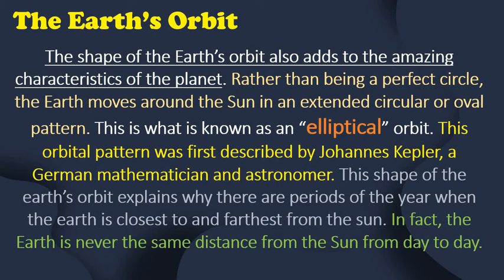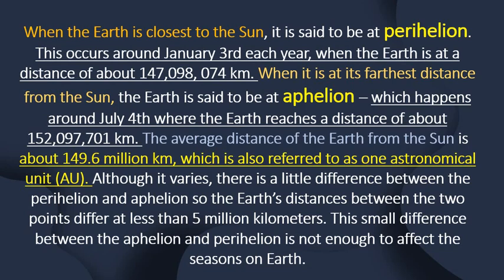In fact, the Earth is never the same distance from the sun from day to day. When the Earth is closest to the sun, it is said to be at perihelion. This occurs around January 3rd each year, when the Earth is at a distance of about 147,098,074 kilometers.